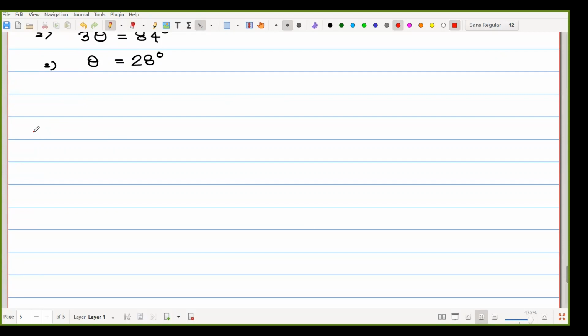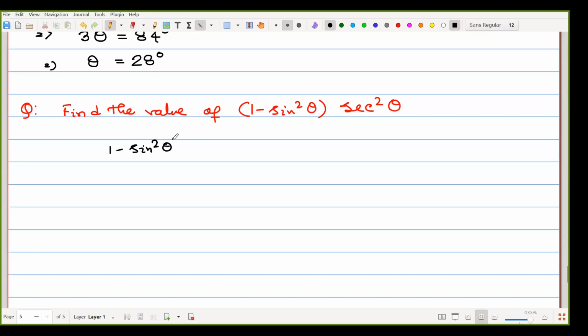Suppose another problem. Find the value of 1 minus sine square theta into sec square theta. That one is very easy because sine square theta plus cos square theta is equal to 1.